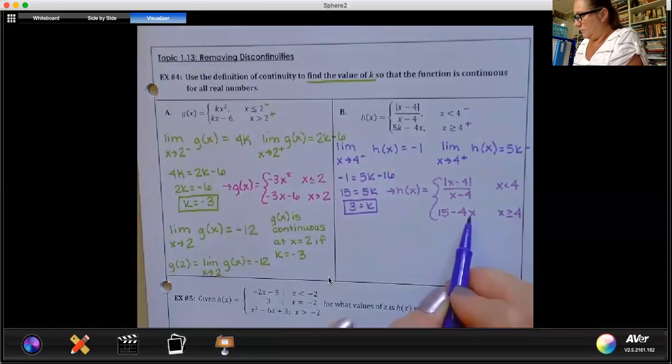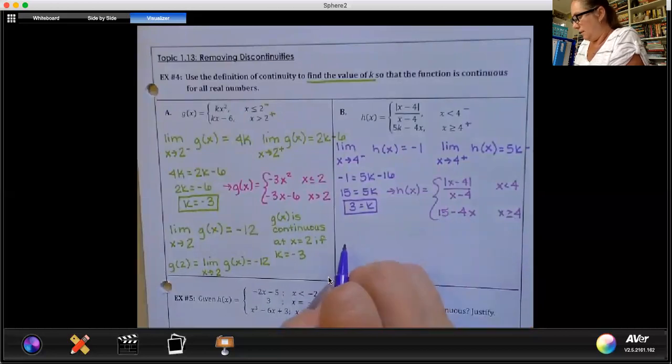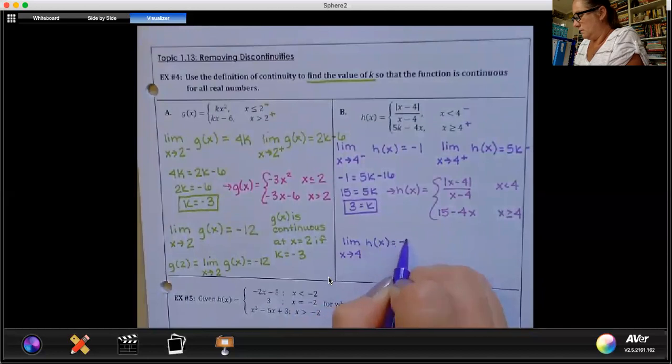Plugging in a 4 gives us 15 minus 4 times 4, which is negative 1. So your limit as x approaches 4 of your function is negative 1.